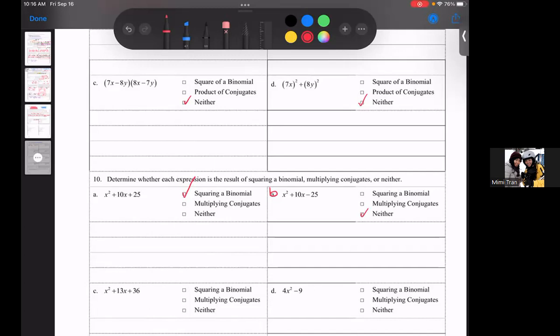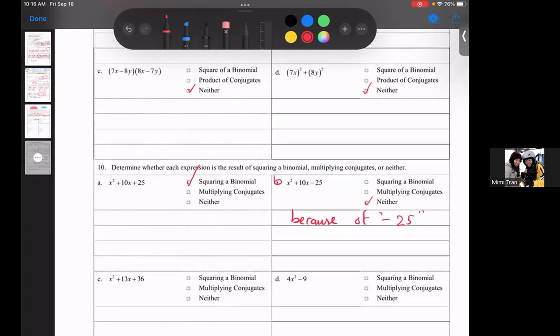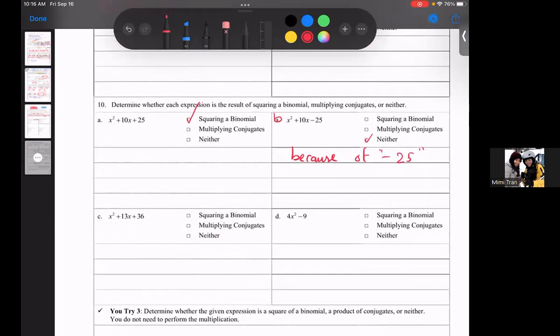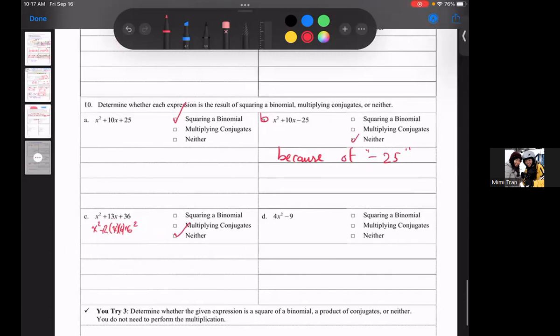C. Not really. Say I have x squared here, and then here I have 6 squared. So in the middle, I should have 2 times x times 6, but 2 times 6 is 12, not 13. So neither. What about D?